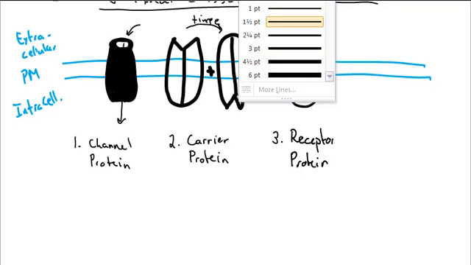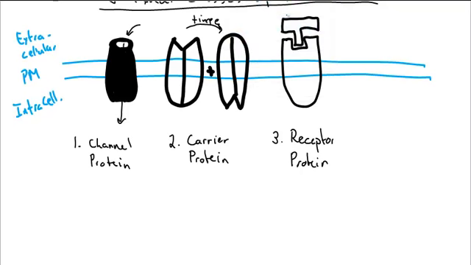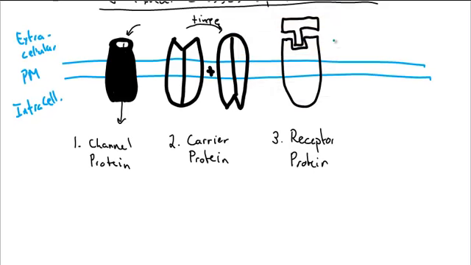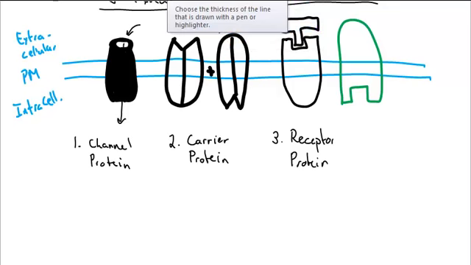The next one I'm going to actually color green, though you can't expect on a test it to be coded green. But you guys knowing my obsession at this point, what do you think this protein is going to do? If you guessed that it was some sort of enzyme, you have it correct. So this type of protein is an enzymatic protein.